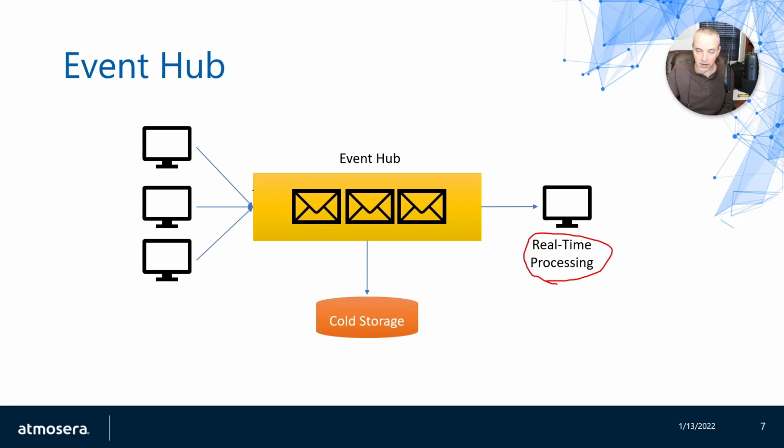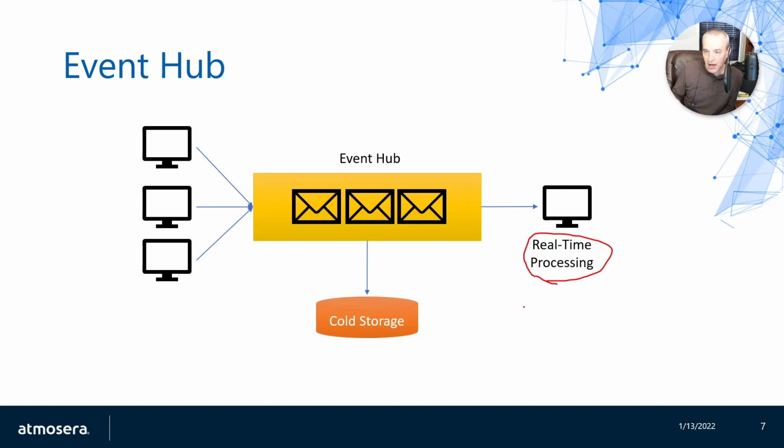And this is designed to basically take a whole mass of messages coming into a given endpoint and stream those messages through some kind of real-time processing, such as an Azure Function, Stream Analytics, or Kafka, or something like that, that is oriented around real-time analytics of data.